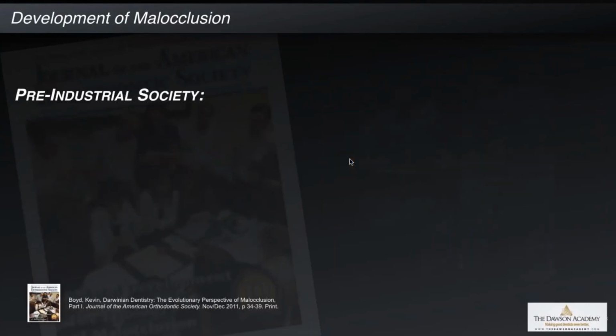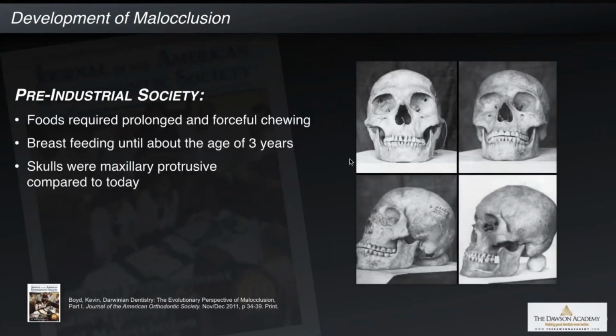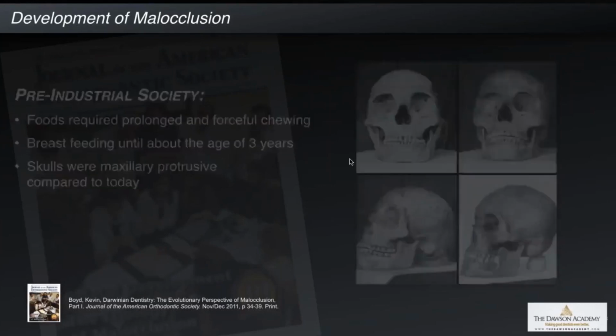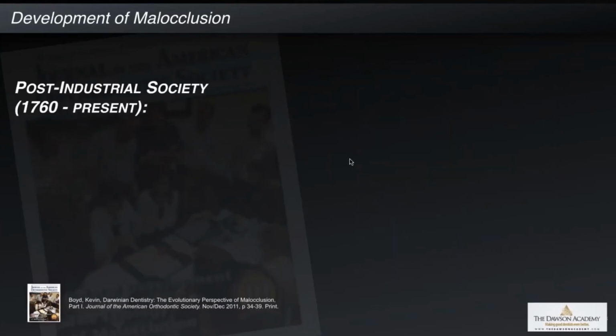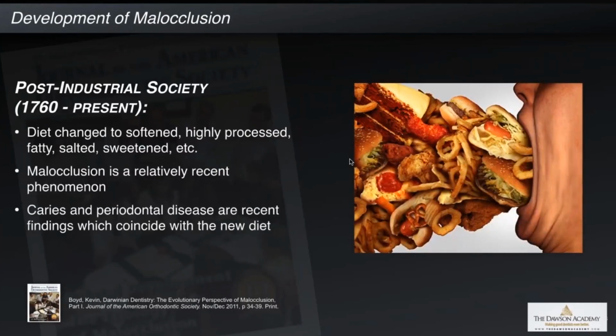So pre-industrial society, what was going on then? Well, foods required prolonged and forceful chewing. We didn't have processed foods. Children breastfed longer. Skulls were more maxillary protrusive compared to today. If we look at the post-industrial society, which is about 1760 to present, this is when diet changed to a softened, highly processed, fatty, salted, sweet diet, and this is where malocclusion started.